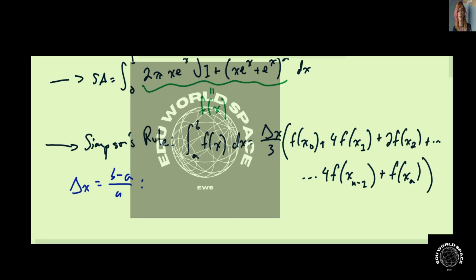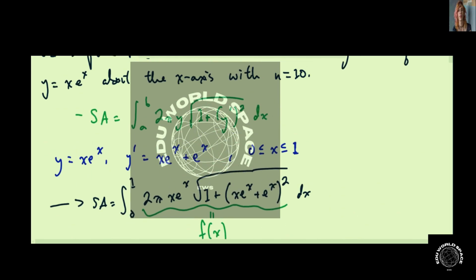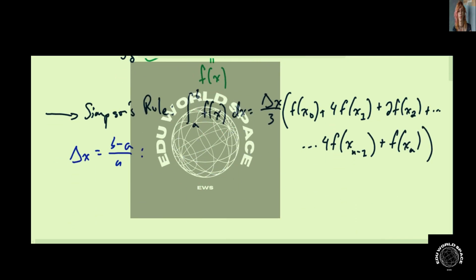In our case here, we have that x is going to be between 0 and 1, and we're asked to use 10 subintervals. So we're going to have 1 over 10, because the lower bound is just 0, thankfully. I'll write it as 0.1.